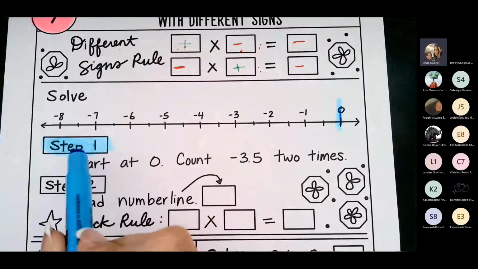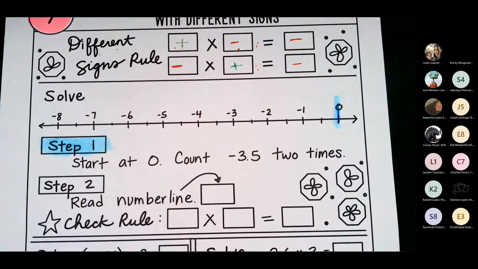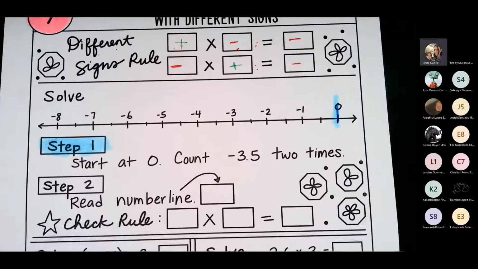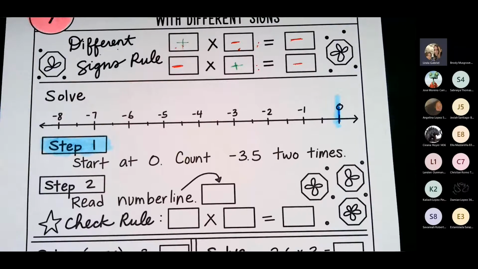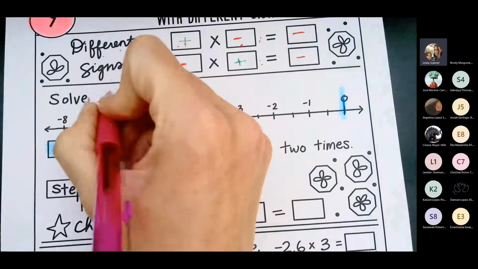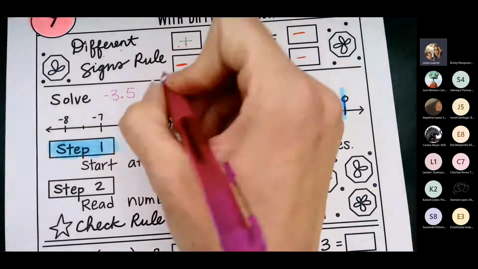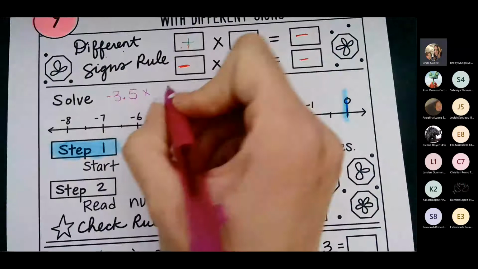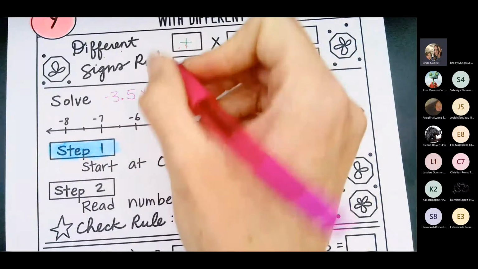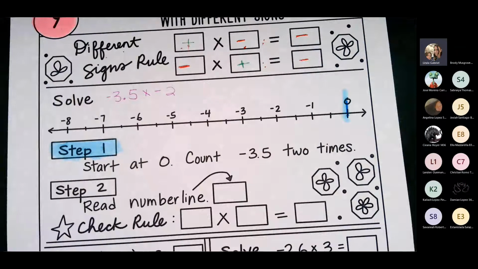And I'm going to solve negative 3.5 times, sorry, that's going to be positive 2.